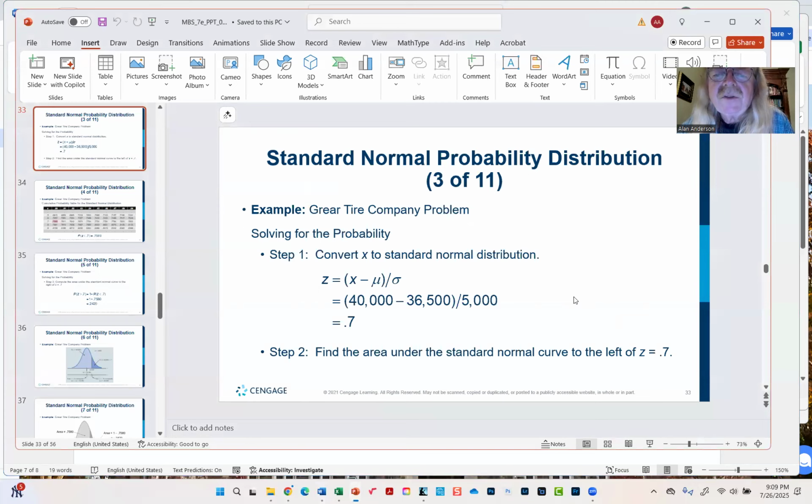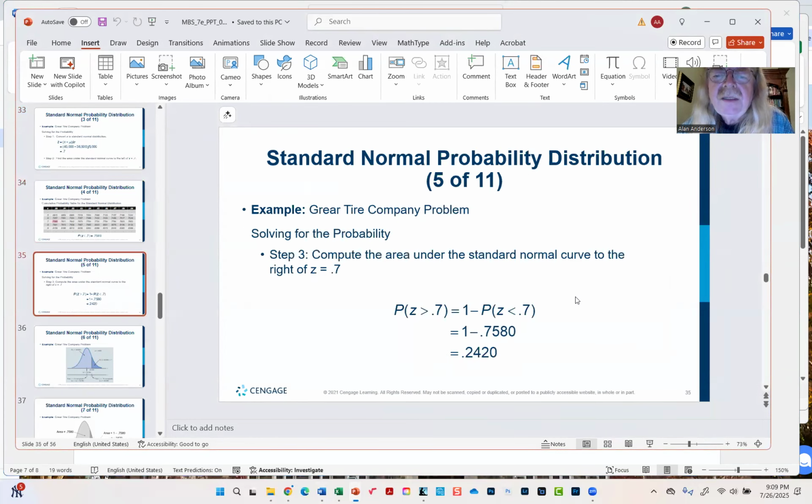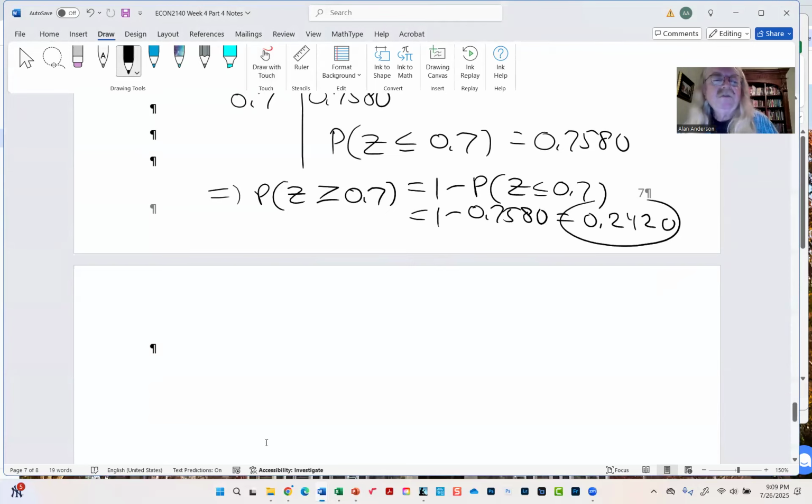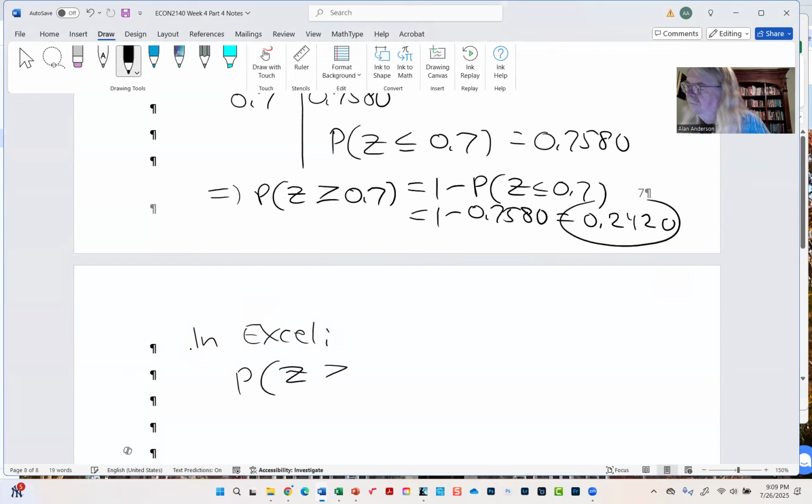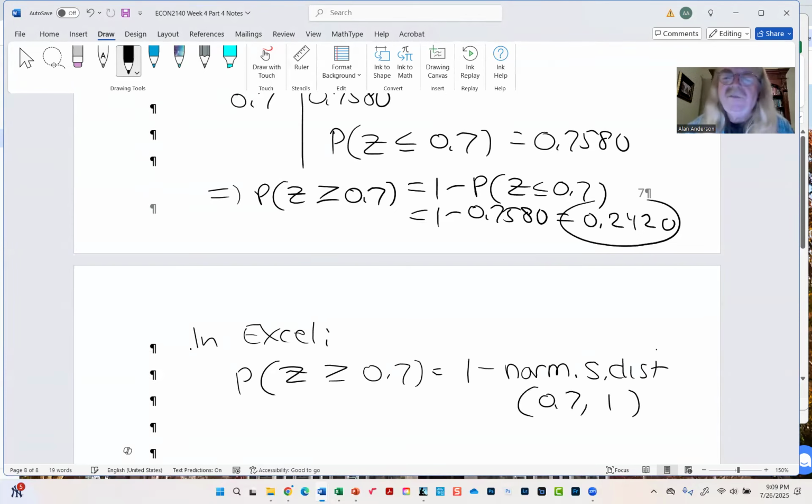Now, of course, we know how to do this in Excel. In Excel, what you would have done is this. In fact, we could prove it.